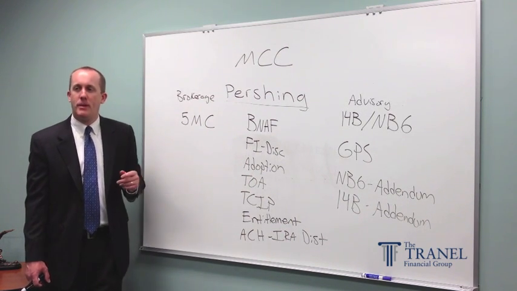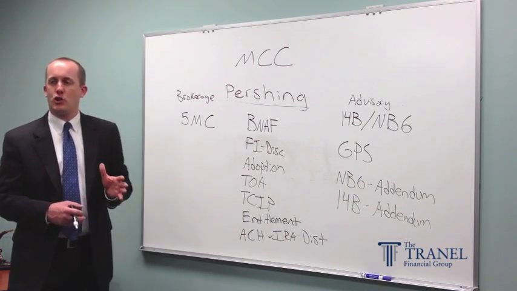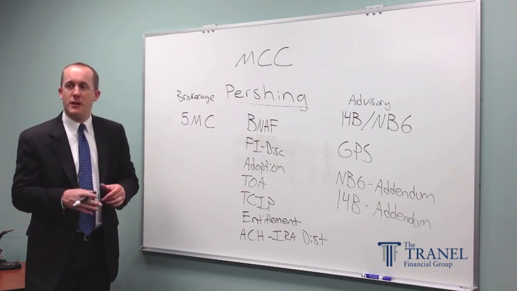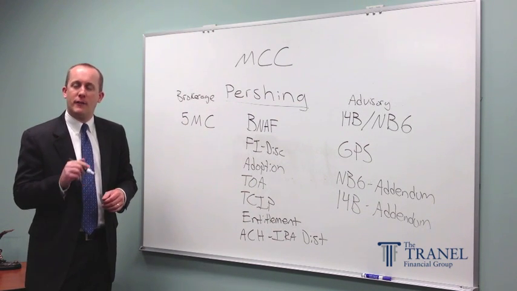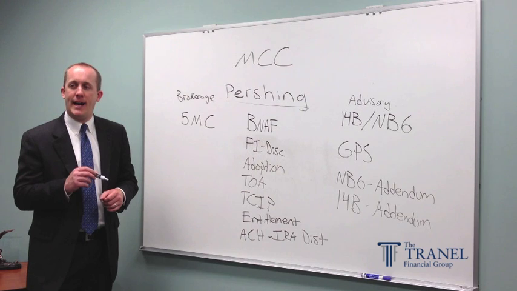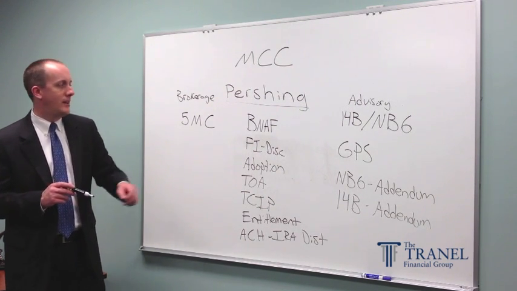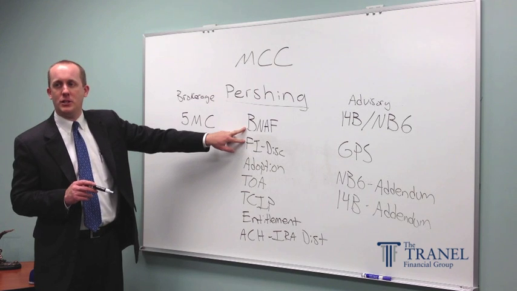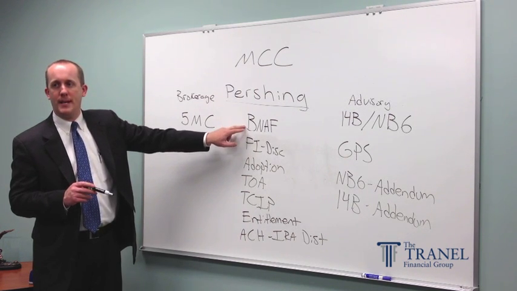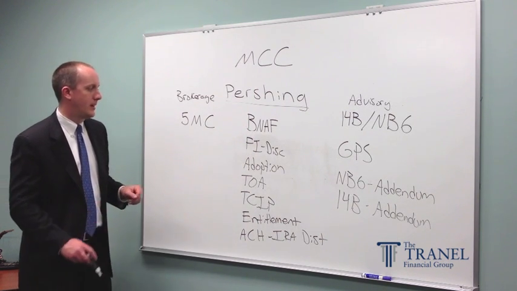Now, if a client's opening up an IRA or they're transferring money in, there are some different forms you're going to need. But if a client just simply wants a 5MC account and they're going to write you a check to fund it, you're only going to need these two pieces of paperwork, the BNAF and the disclosure form.